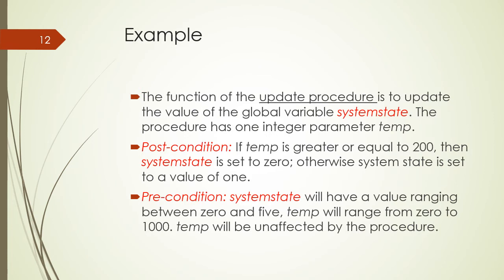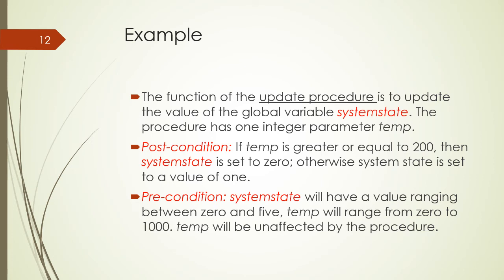In order to understand the formal specification of precondition and postcondition, let us consider another example. The function of the update procedure is to update the value of a global variable systemState. The procedure has one integer parameter temp.